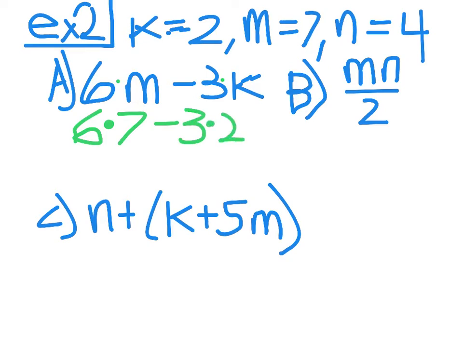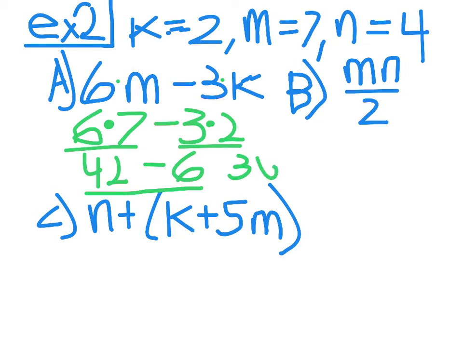Following order of operations, there are no parentheses or exponents, so step 3 is multiply or divide. 6 times 7 is 42, and then we also have 3 times 2, which is 6, and 42 minus 6 is 36. Alright, that's A. Part B, substitute m times n.